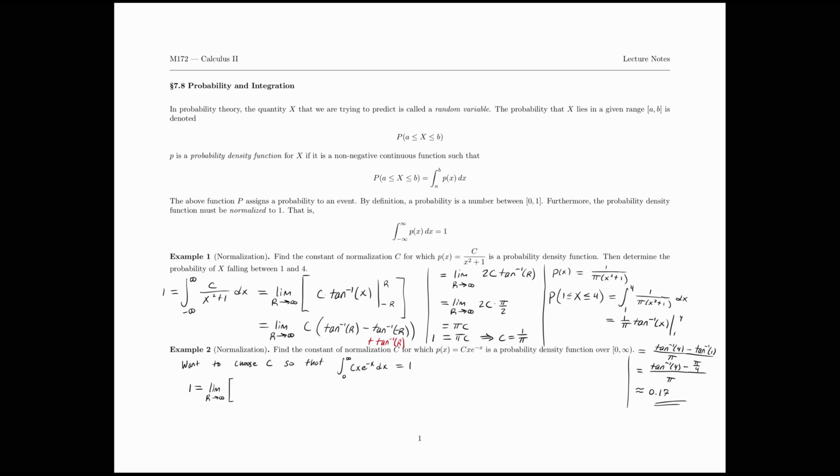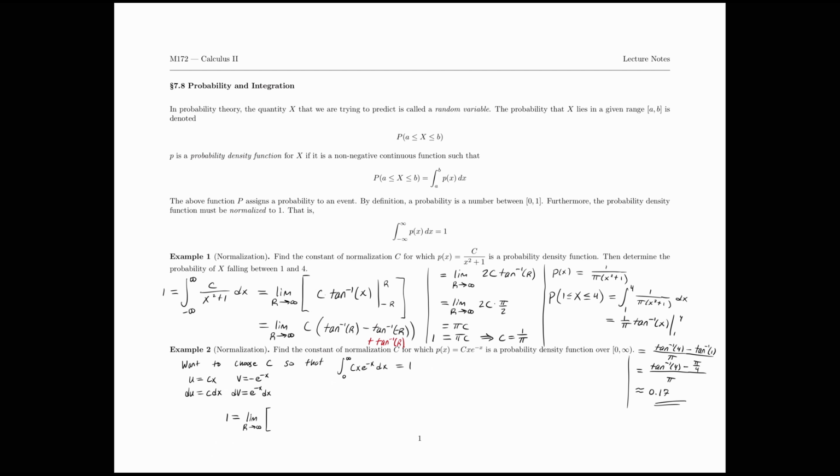For integration by parts, we can choose u to be equal to cx, therefore du is c dx. dv is going to be e to the negative x dx, and v is negative e to the negative x.